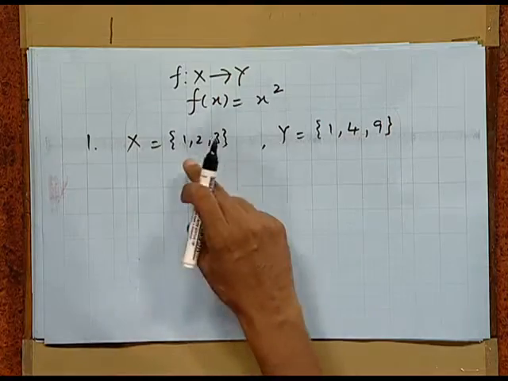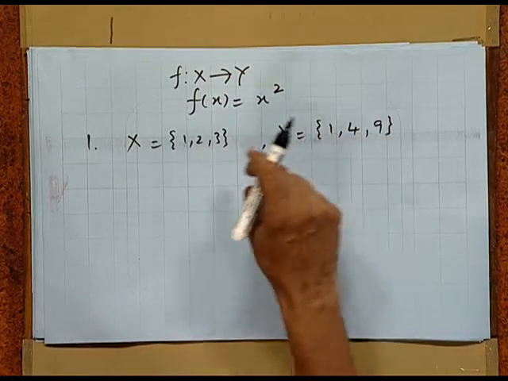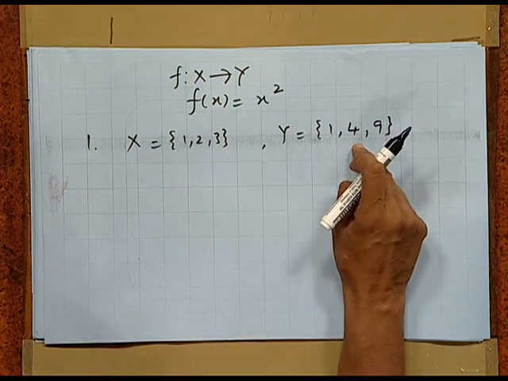So, it is a function. The next question is whether it is 1-1 or into. Look at the codomain. 1 has pre-image 1, 4 has pre-image 2, 9 has pre-image 3. So, it is an onto function.